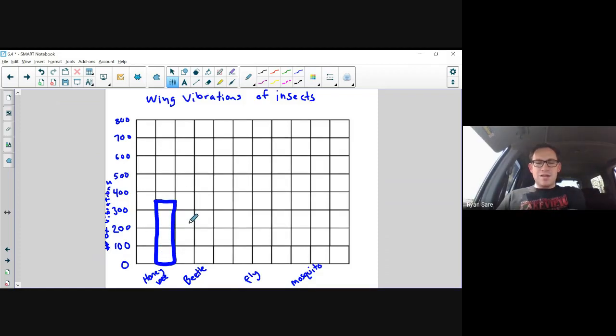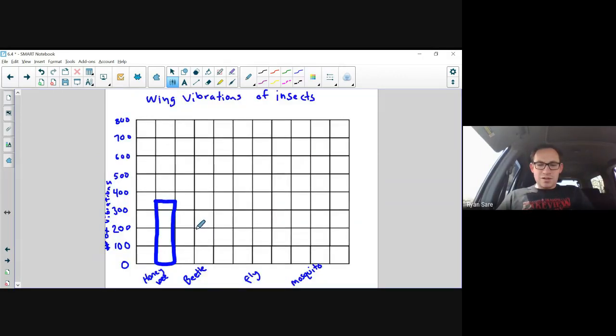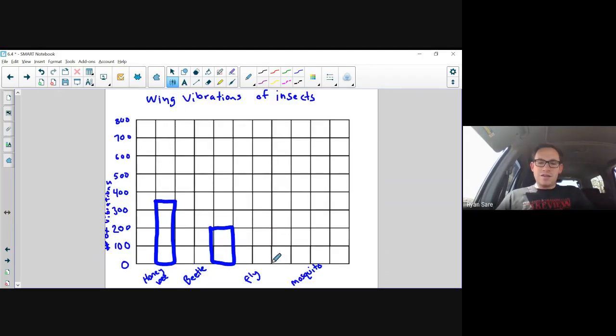Beetles was 200. I have 200 on here. I'm gonna have weird gaps. 200. The fly, I have 550. So I'm gonna have to go in between 500 and 600.